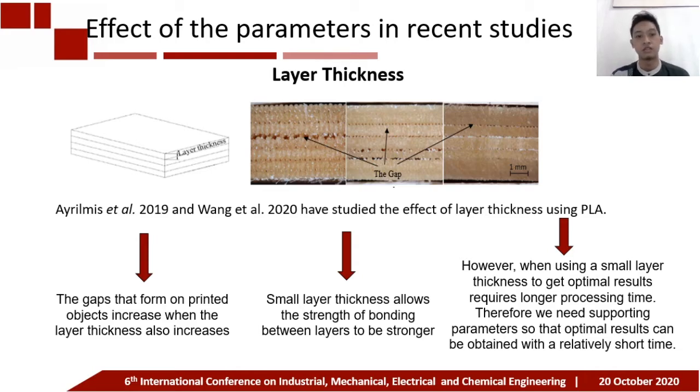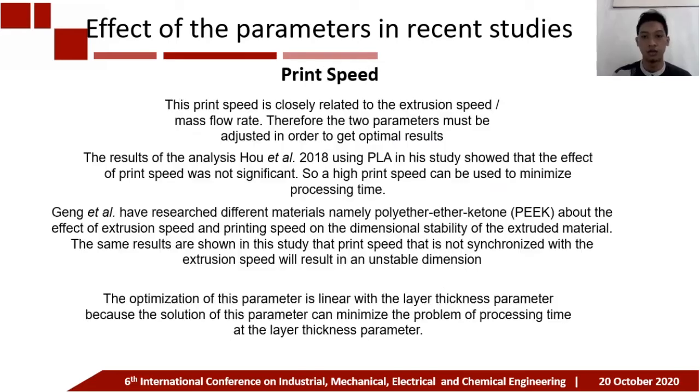The results are, first, gaps that form in printed objects increase when the layer thickness also increases. And second, a small layer thickness allows the strength of bonding between layers to be stronger. However, using a small layer thickness to get an optimal result requires longer processing time. Therefore, we need supporting parameters so that an optimal result can be obtained in a relatively short time.